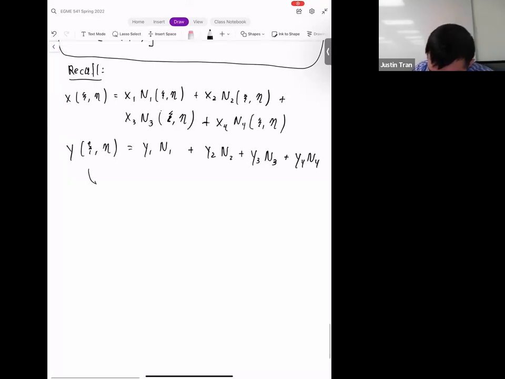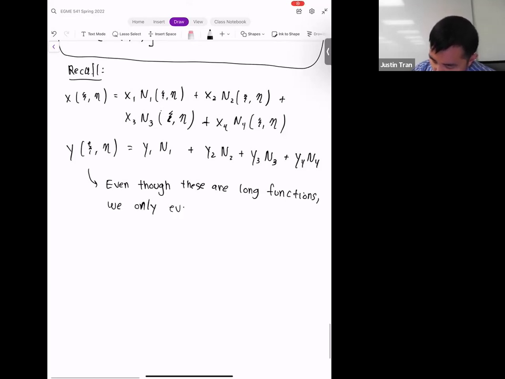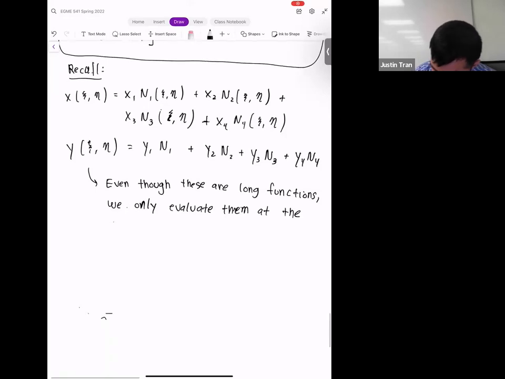Even though these are long functions, we only need to evaluate them at the Gauss points, which when you're writing code is a lot simpler to do because they end up being just a single line of code.